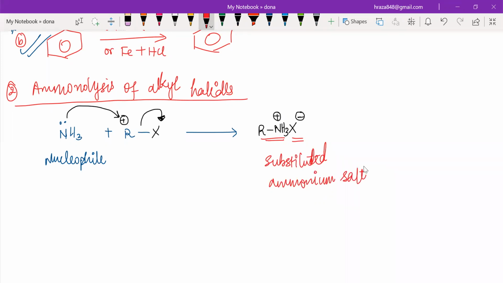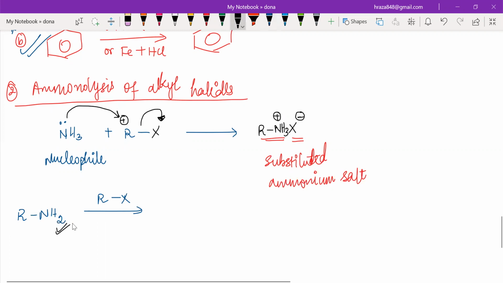Understood, sir. Okay. Now see what ammonolysis of this alkyl halide is. If you have a 1 degree amine, you are going to react this with RX. Now see what you need to do. Just remove one hydrogen and replace it with this.